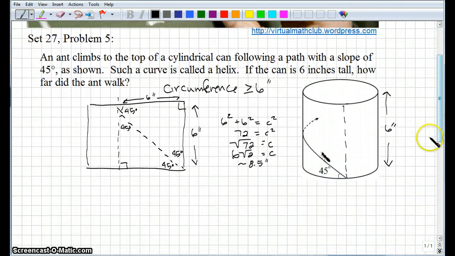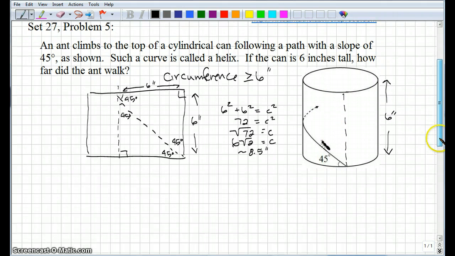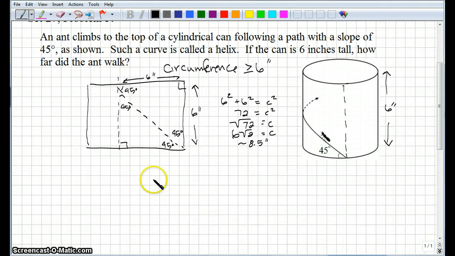But you might be thinking, what if the circumference is less than 6 inches? Well, let's draw what that looks like too, and see what's going to happen in that case. I'm going to draw a narrow can and slice it open.